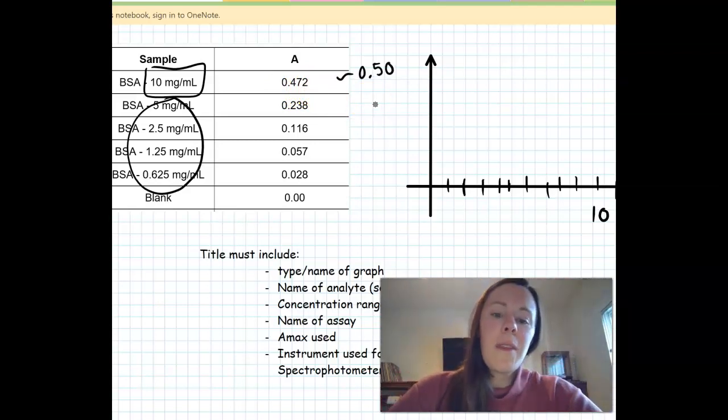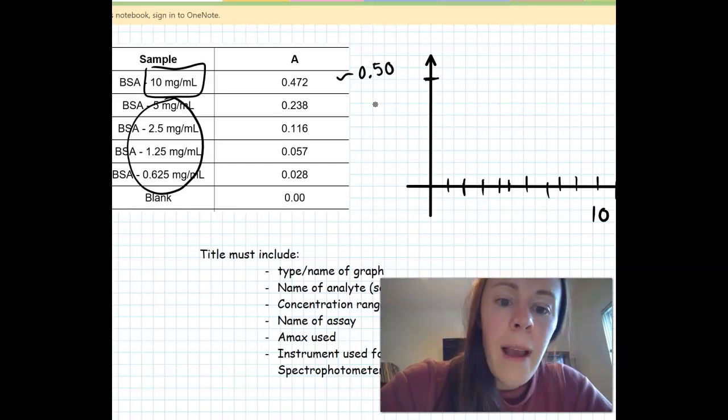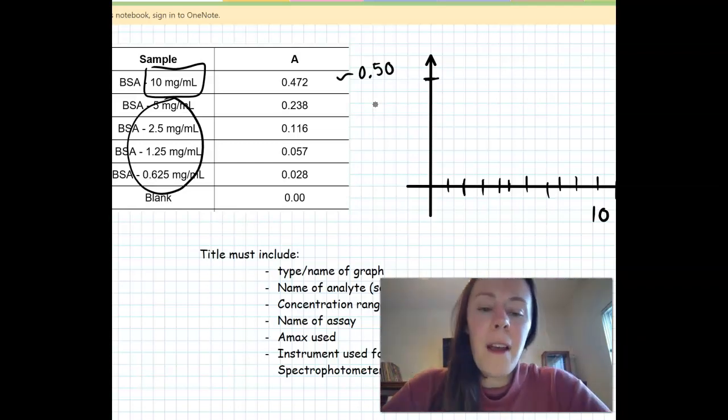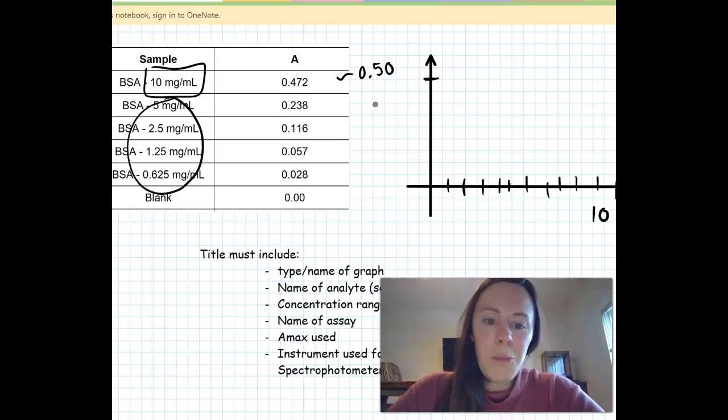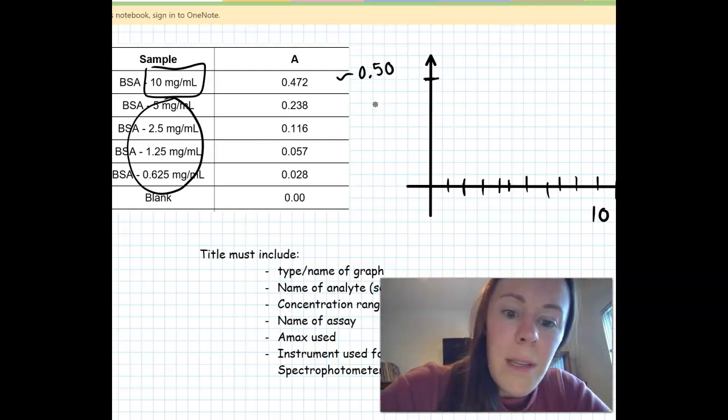So if I know that the highest point on my y-axis is going to be 0.5, I can reasonably break that down and go up by 0.1. 0.1, 0.2, 0.3, 0.4, 0.5. And I can use as many boxes as I want to represent each of those values just to make it fit. Okay?